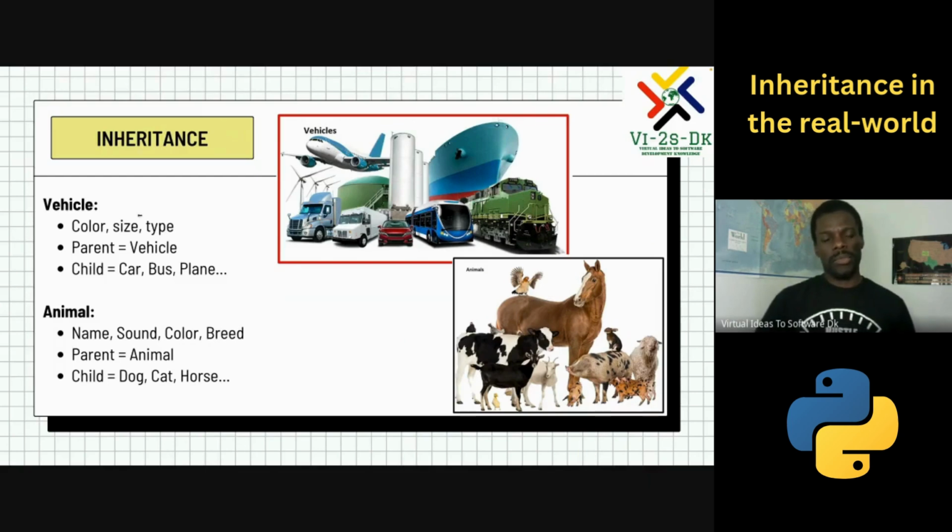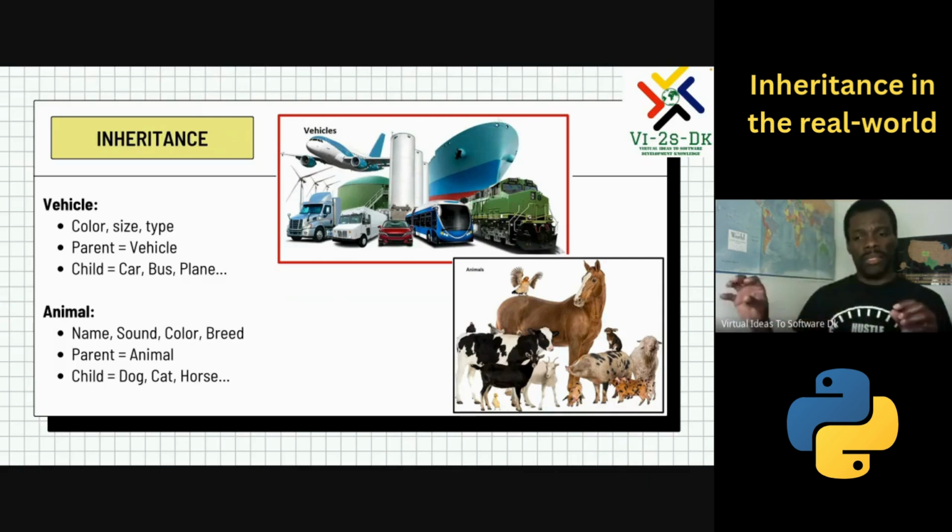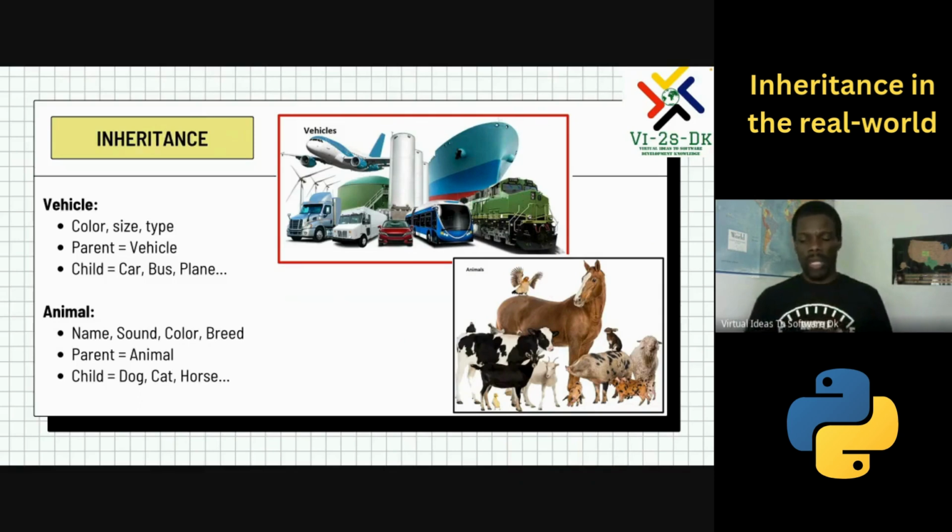In that case, you'll be able to create a car, a bus, a plane, a train, maybe a boat. They are all vehicles, but they have different attributes. They don't always have the same attributes. Rather than having to create separate classes for each one of those, you have one class and then you're inheriting from there to create multiple objects from the same class, right? Or you can have multiple classes inheriting from the same class.